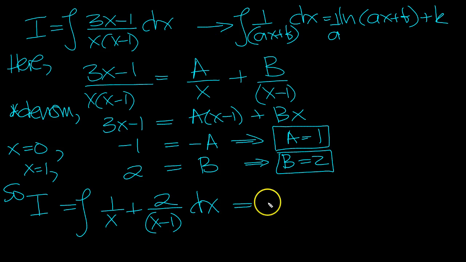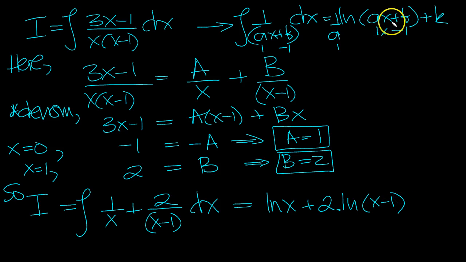So here this is just a standard integral, log x plus 2 lots of, and here a would be 1, b would be minus 1, so it's 1 over 1. Okay, so we get 2 lots of then, 1 over x minus 1 integrates to 1 over 1, ln x minus 1, plus k at the end. And there's our answer. So they're not too bad at the end of the day.